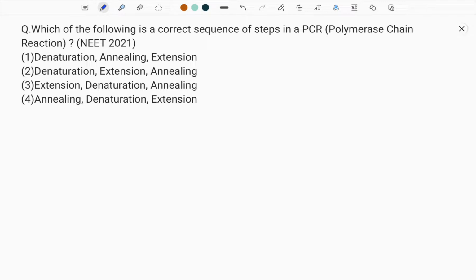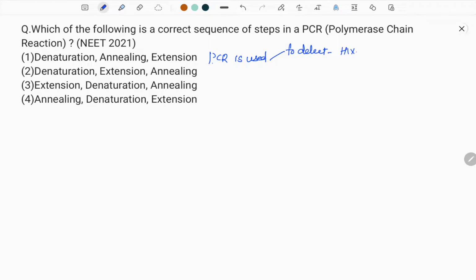The three are there. Once again I am writing here that PCR is used in three ways. One is to detect HIV.